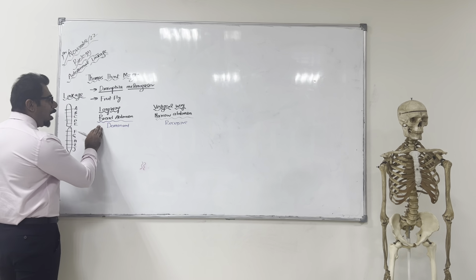He crossed them with each other, and as a result all the organisms of the F1 generation were long wing and broad abdomen. Even this experiment proves that these both traits are dominant, and these both traits are recessive. Now, what do we always do? We always cross. Now, this is F1.